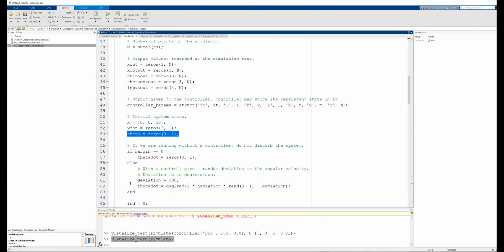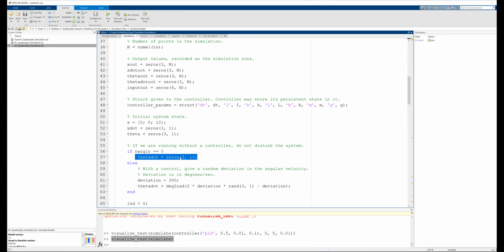Next thing is if we don't have any controller, which means if you supply no argument, clearly that means there is no controller. It's just saying that the values of theta dot are 0. So we just want to see the stability of the quad.